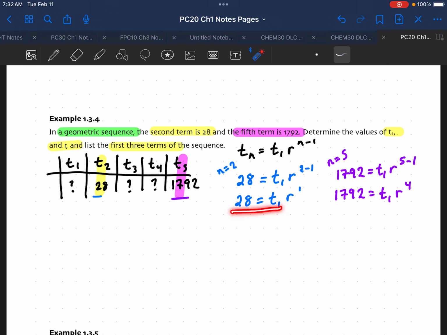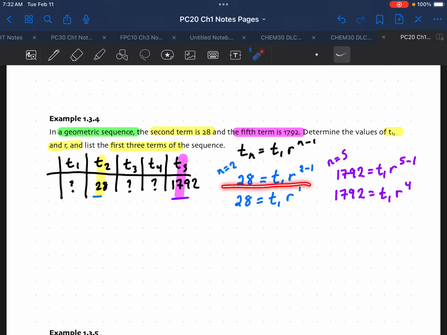Now if we look here, I have two equations, and I have two unknowns. So I can solve these through substitution or elimination or graphing if you want to graph them. But because they're multiplied together, elimination doesn't work too well. I need to do substitution.